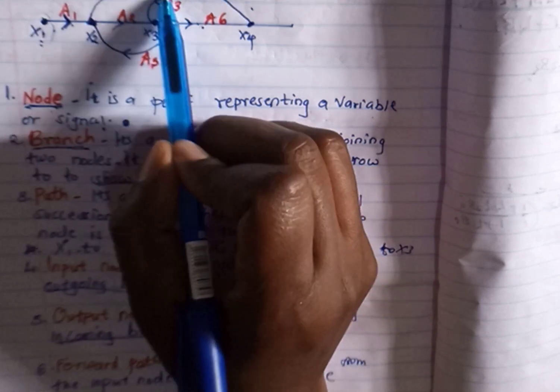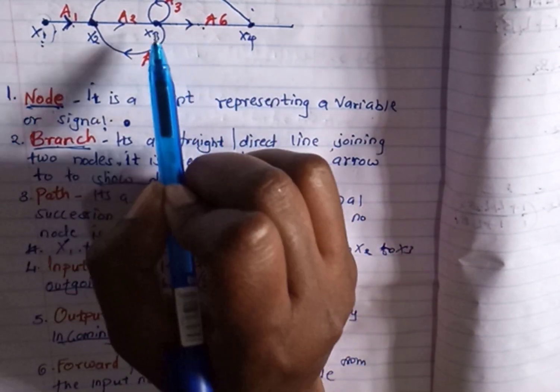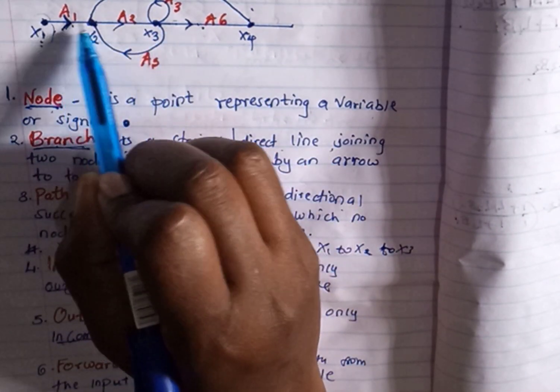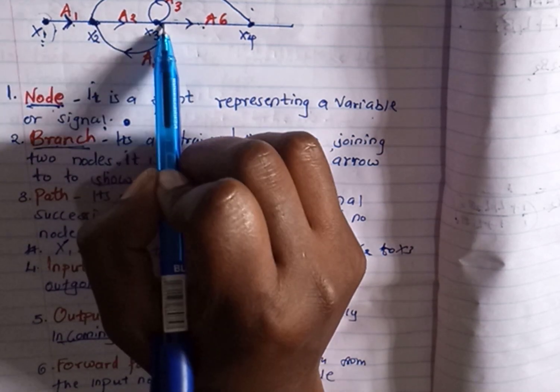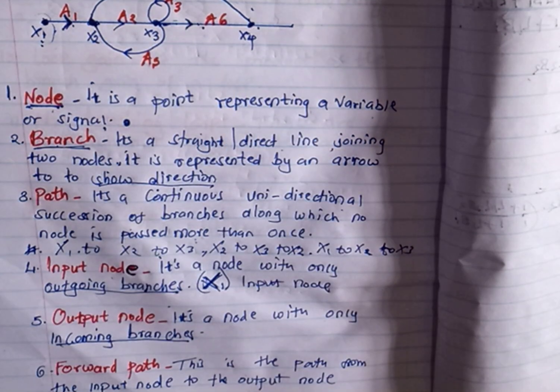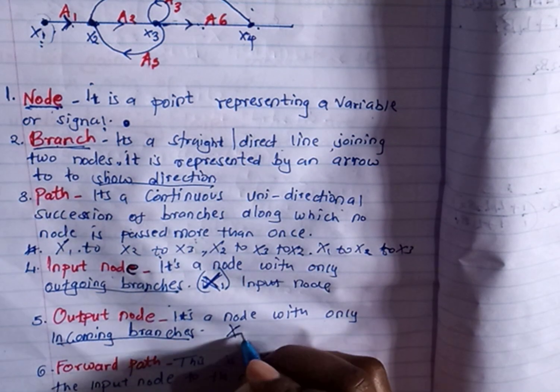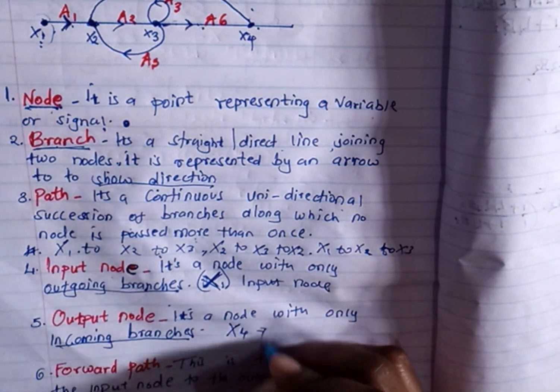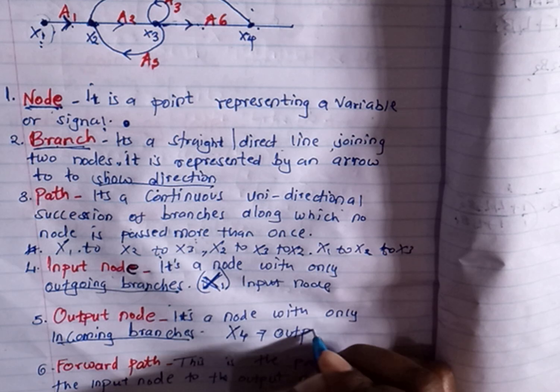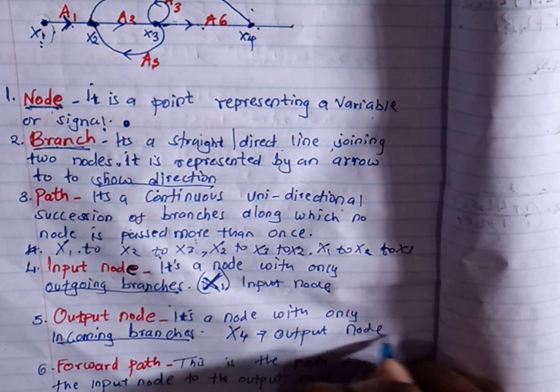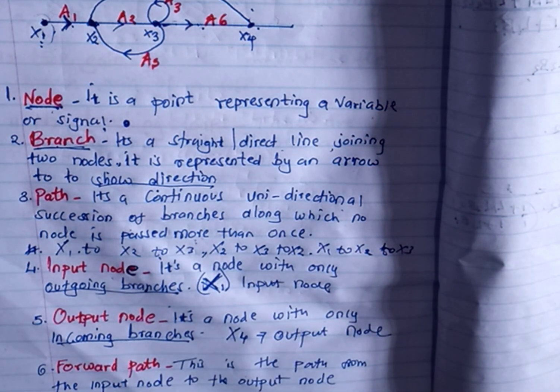The others are coming from x1 through x2 and x3, then coming to x4. So in this case, x4 is my output node, because it has only incoming branches.